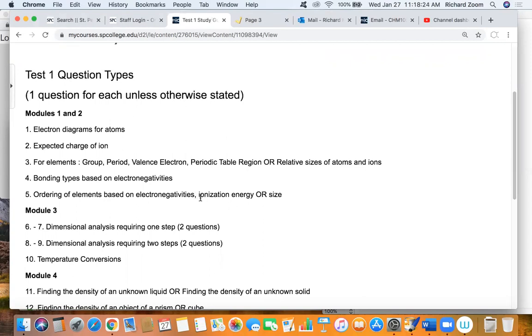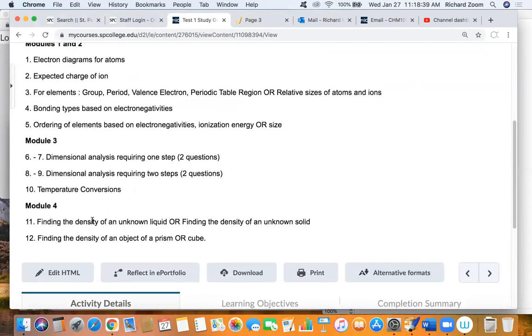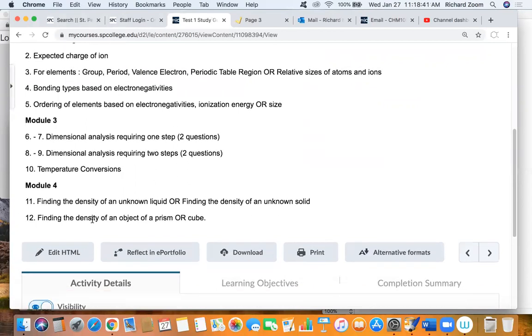And what will happen is you'll be taking this sample test, or practice test is really what it is, and each time you'll see different kinds of questions pop up in these categories. But you can see it's very clear about what kinds of questions you're going to see as you go through them.